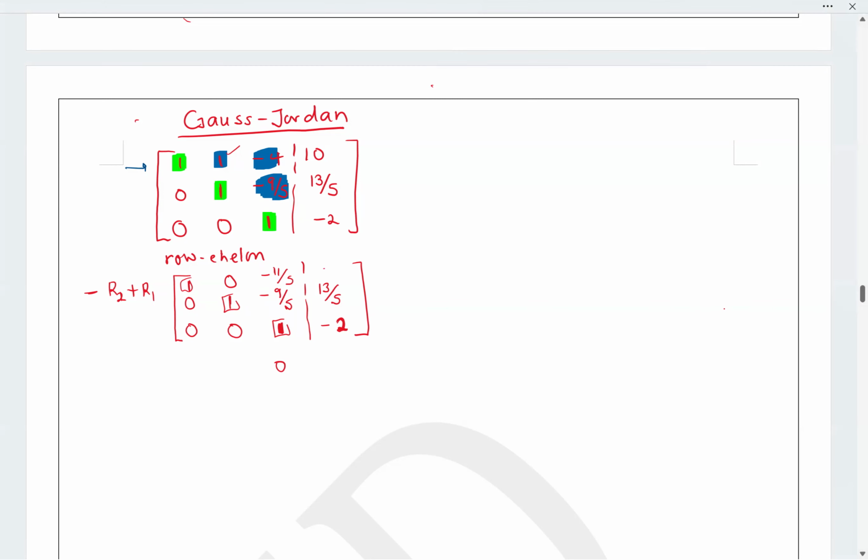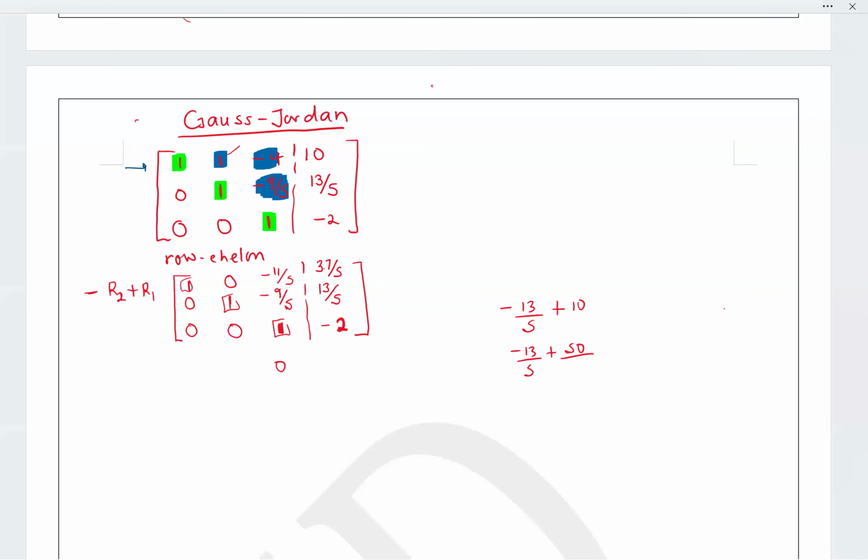It's just going to be minus R2. So that is minus 13 over 5 plus what? R1, which is plus 10. Yeah. So this is minus 13 plus 50 over 5. So that is going to be 37 over 5.